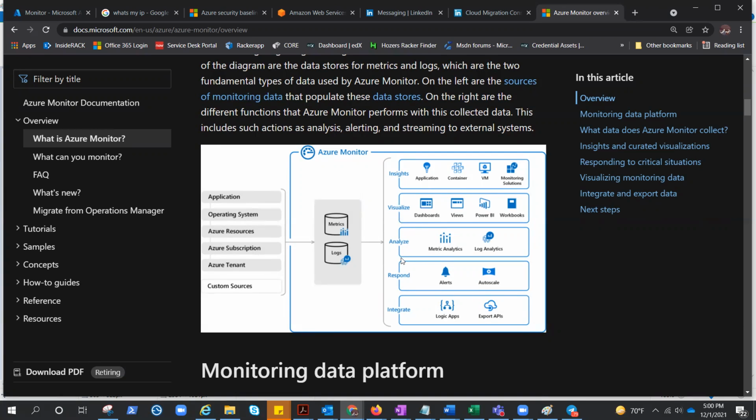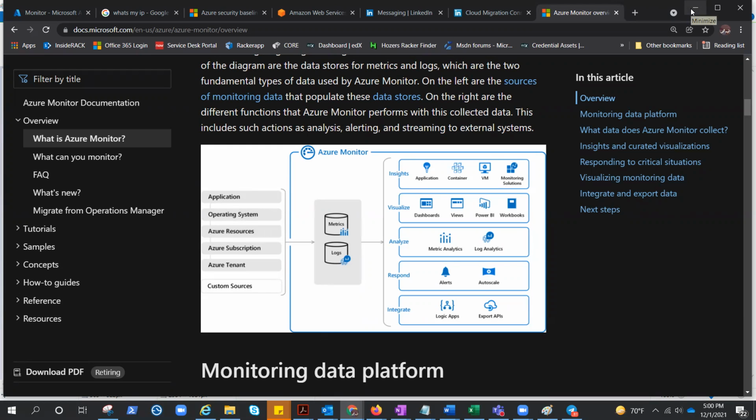You can visualize it, you can analyze it with the help of analytics, Kusto query. You can respond with the help of alerts, and you can integrate Logic Apps and export APIs. You see, the one unified, centralized Azure Monitor, and the superpower of this is that it can do a lot of things for you if you utilize it as a full stack monitoring approach.